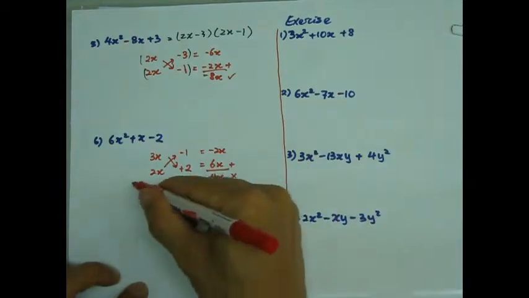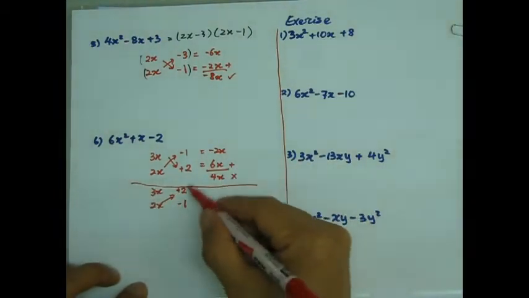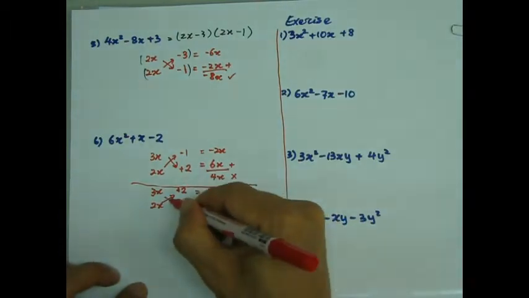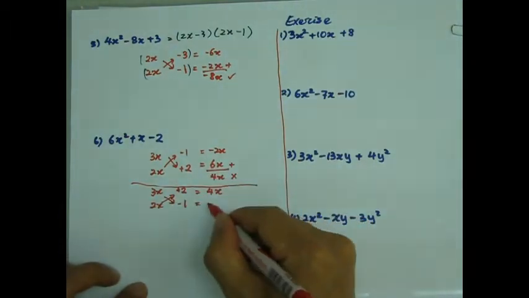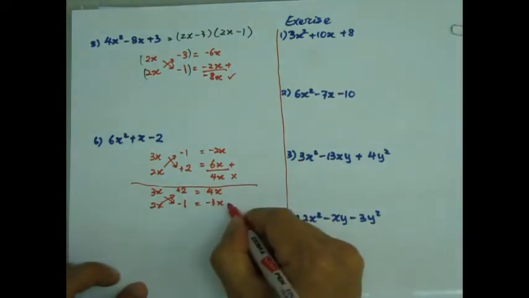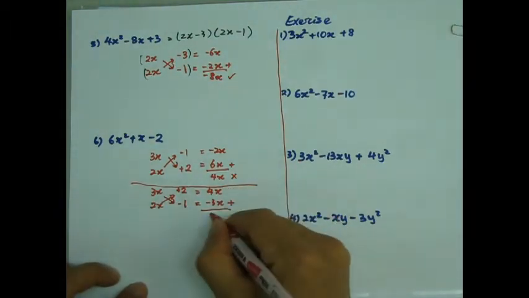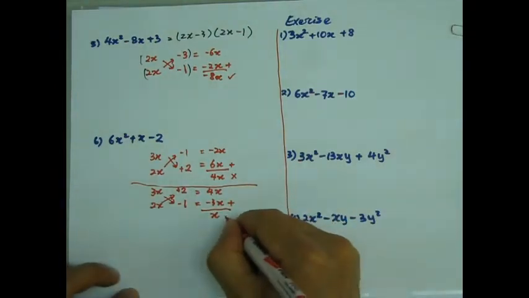Try this again. Alright, 2x times 2, that gives me 4x. 3x times negative 1, that gives me negative 3x. That's going to work. When you add these two numbers together, you get x, precisely what I want.